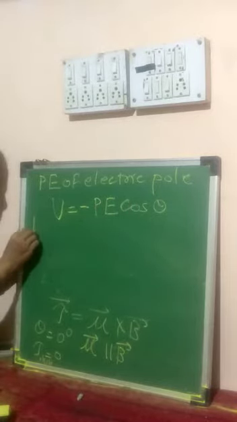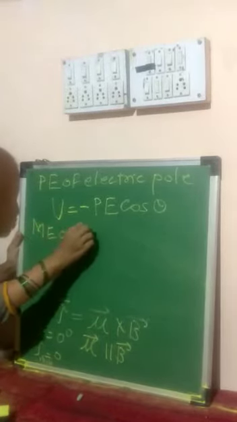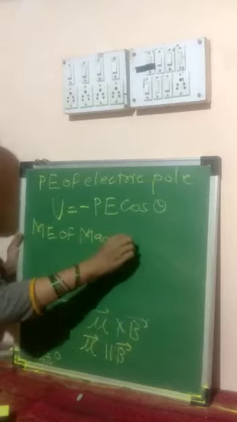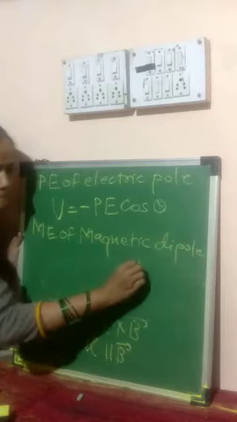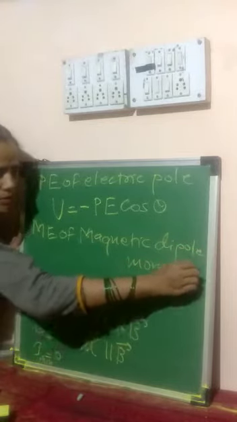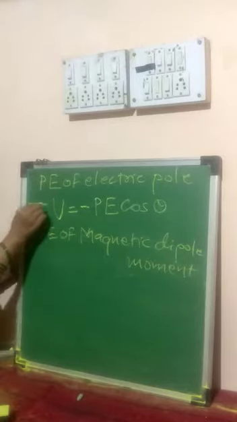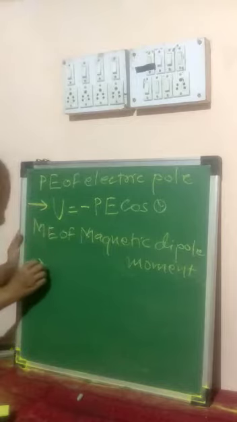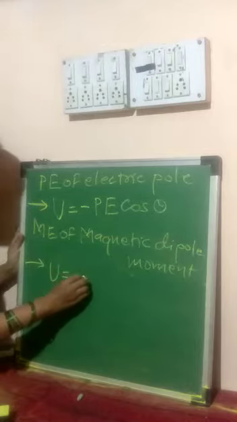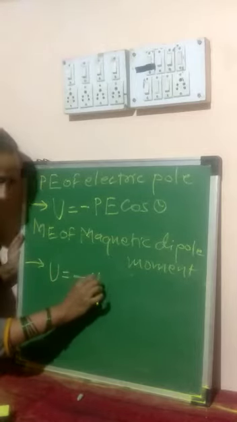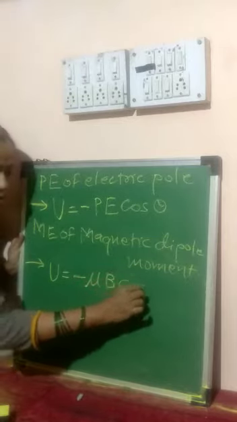Now we want the magnetic energy of a magnetic dipole moment. In equivalence with the electrostatic case, I can write the magnetic energy U as equal to minus mu B cos theta, where mu is the magnetic dipole moment and B is the magnetic induction.